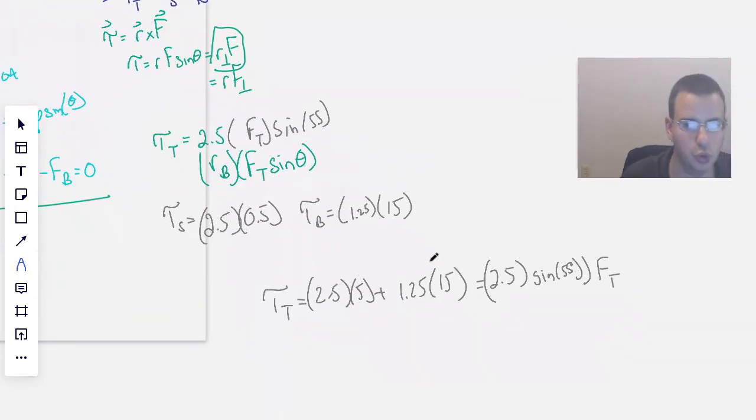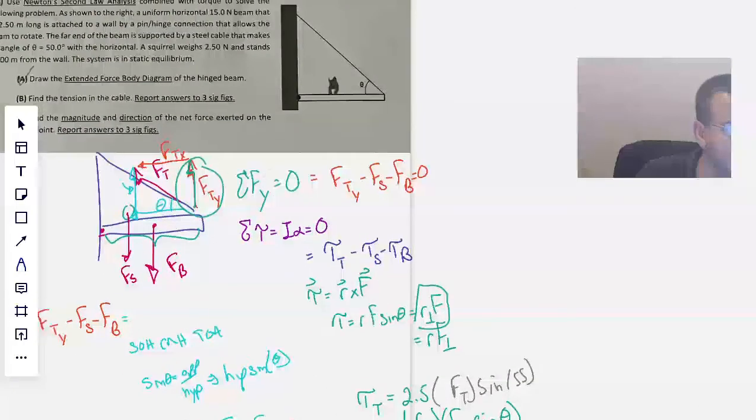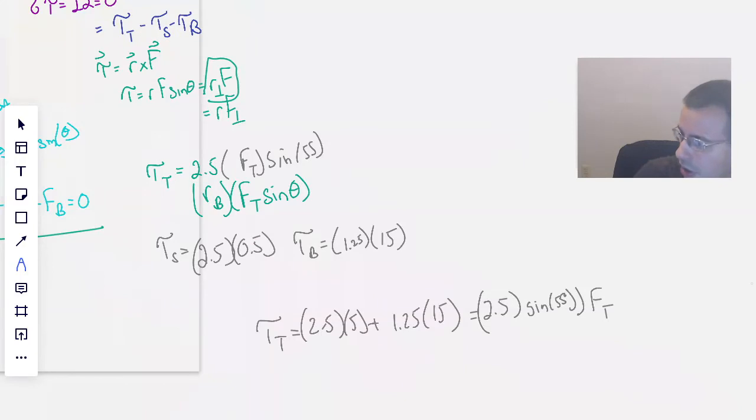Go over to Wolfram. So we have the quantity 2.5 times 0.5 plus 1.25 times 15. 15 seems big. Is that the force of the beam? Yep, it is. Divided by the quantity 2.5 times sine of 55 degrees.